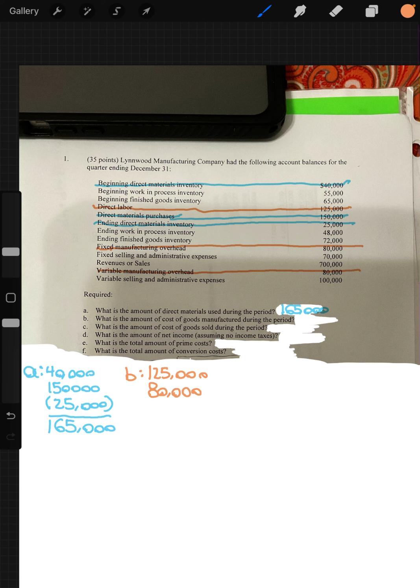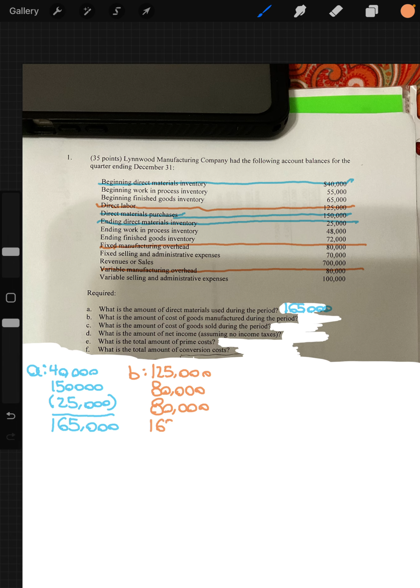So we're going to add that 80,000 as well. And then we need direct materials used, which we just calculated. So it's 165,000. How many zeros is that? 1, 2. All right, so that's there. Now we add all that together.